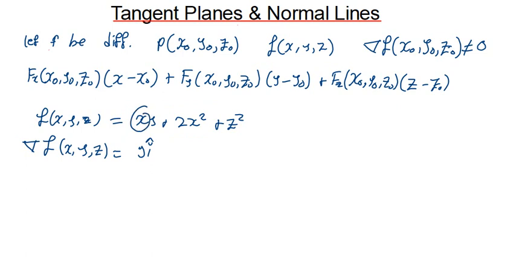Differentiate with respect to y, I get plus x in the j. Plus this, differentiating with respect to x, you're going to have 4x in the i, plus this is going to be 2z in the k. So you have to arrange those.